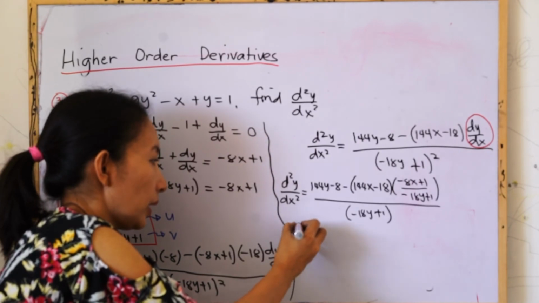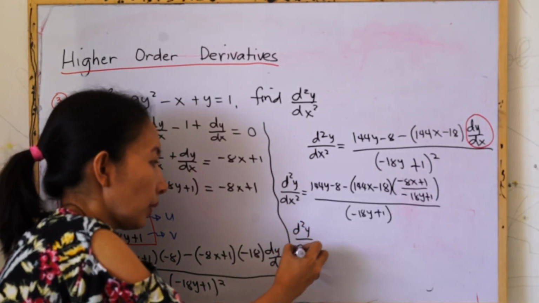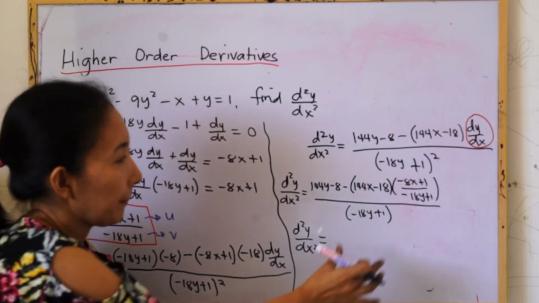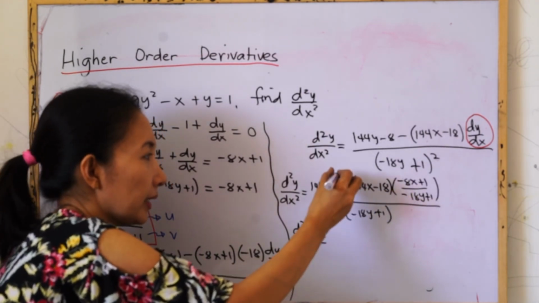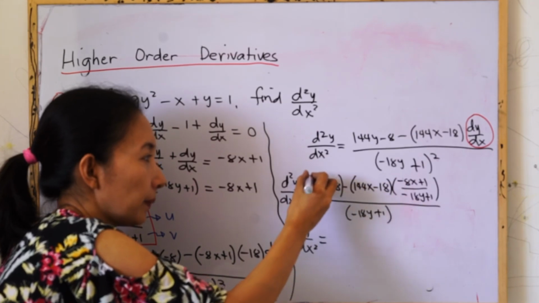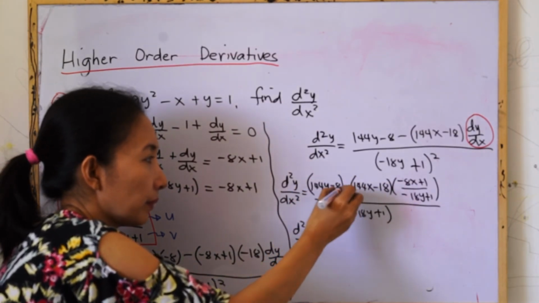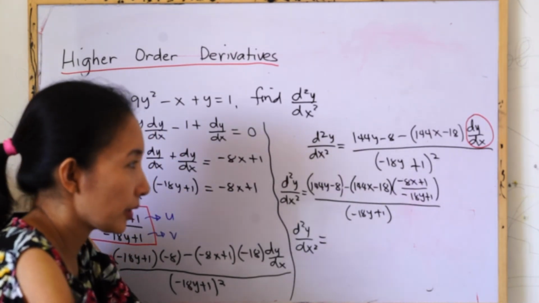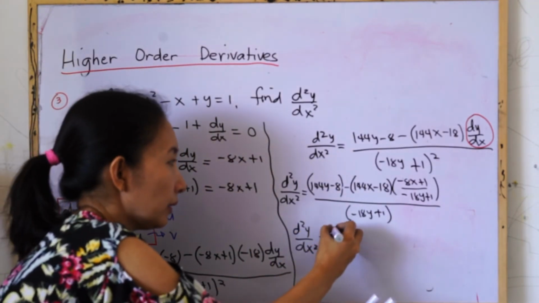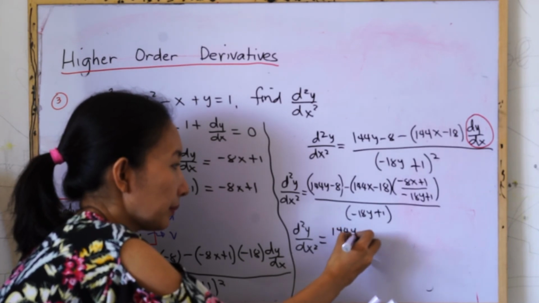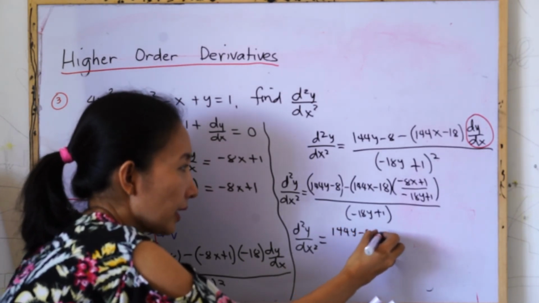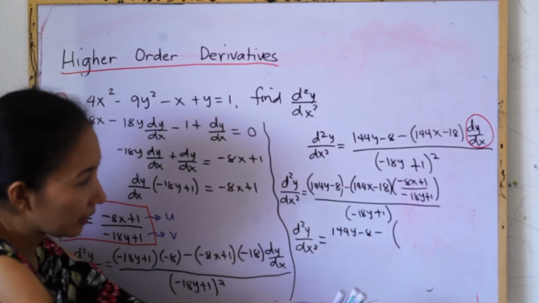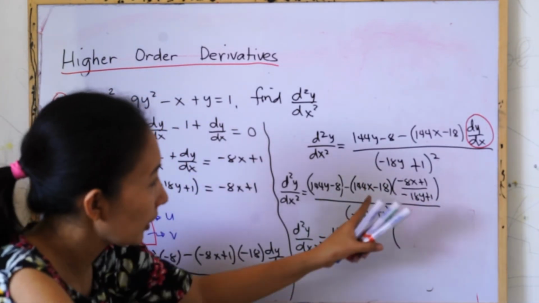So d squared y over dx squared equals, the two are being multiplied, and this is a separate term. Simplify further. What will this be? This will be 144y minus 8 minus a fraction. Multiply the two.